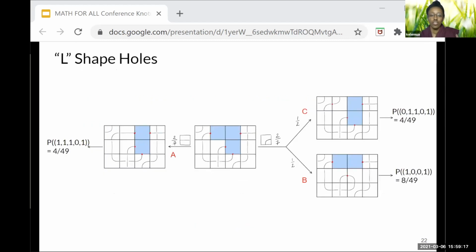So our next step was considering a slightly more complicated hole structure, which is an L-shaped hole, composed of 3 tiles. We'll start this diagram the same way we did the 2x1 holes, considering a single type that can be placed in the bottom or the left position in the L. After placing the first tile, we're left with either a 1x2 or a 2x1 hole.